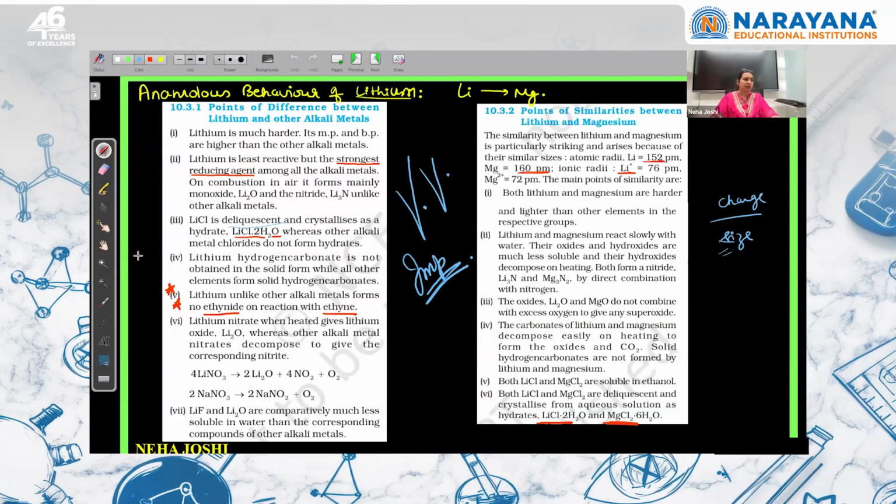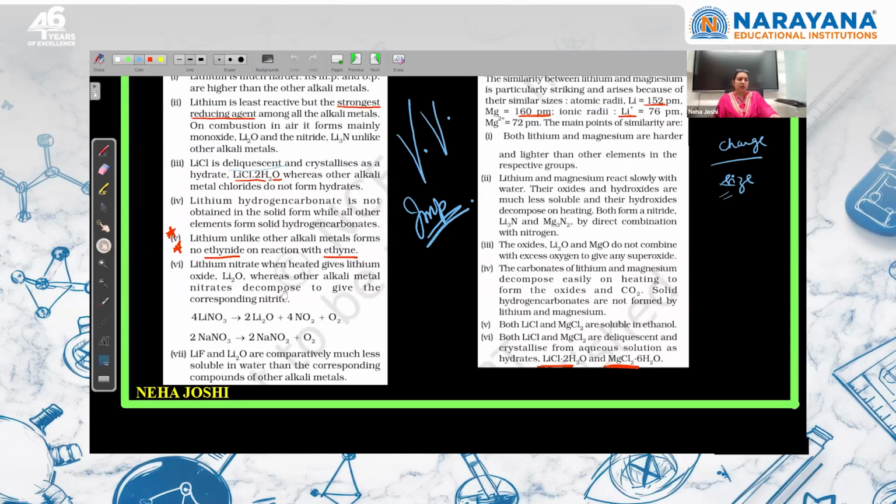Okay, so it does not behave like that. Its nitrate when heated breaks to oxide, NO2 and O2, whereas other first group members form nitrite and oxygen. Okay? LiF and Li2CO3 are comparatively much less soluble because they are far more covalent in nature.